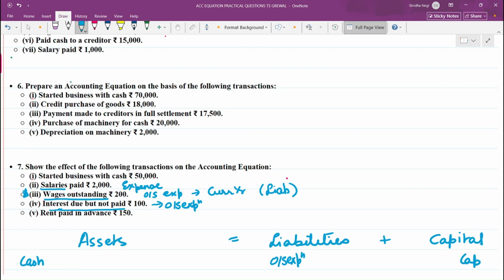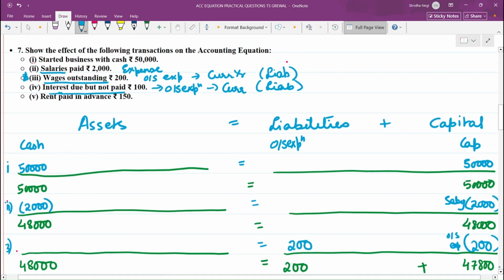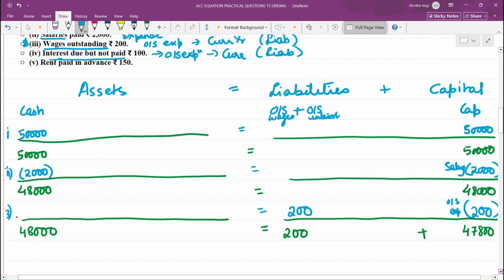Interest due but not paid. तो आपको business has to pay. It is of the current year, so it's a liability for the firm or the business. So 100 rupees outstanding. Here instead of expense, what we'll write is wages. ये wages था ना? तो outstanding wages. अब यहाँ पे एक और liability add हो गई, that is your outstanding interest. Okay.